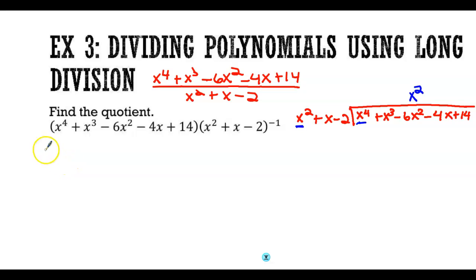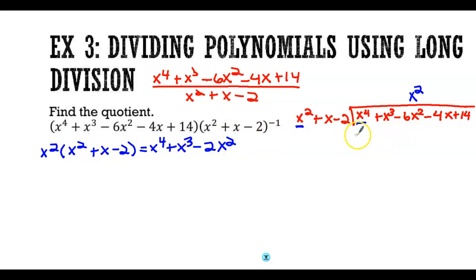So on the side, I'm going to do some scratch work. X squared times, let's go ahead and multiply that out, x squared plus x minus 2. That's going to give me x to the fourth plus x to the third minus 2x squared.